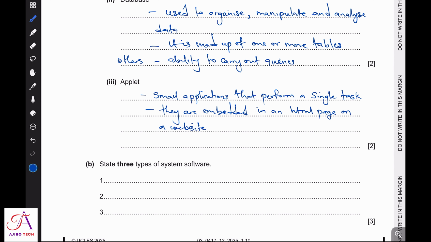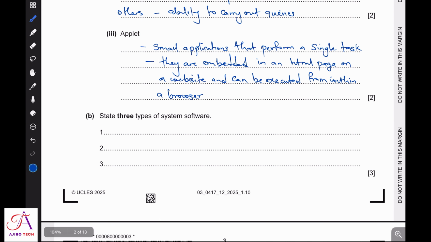Of course, and again, if you want to add this, this can be another point: it can be executed from within a browser. Okay.